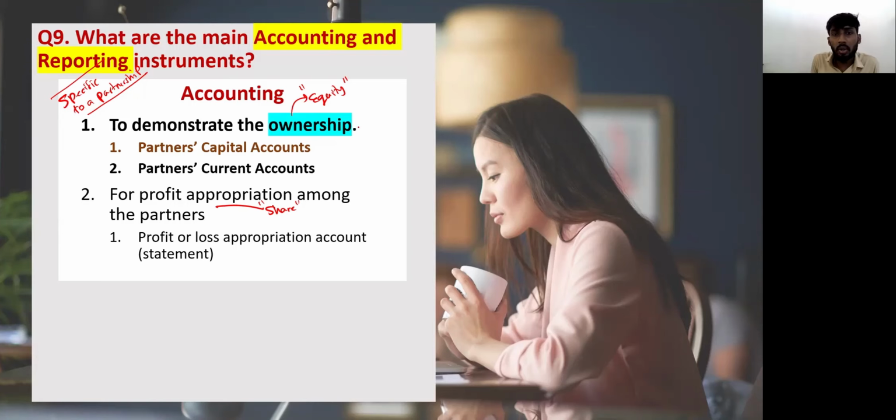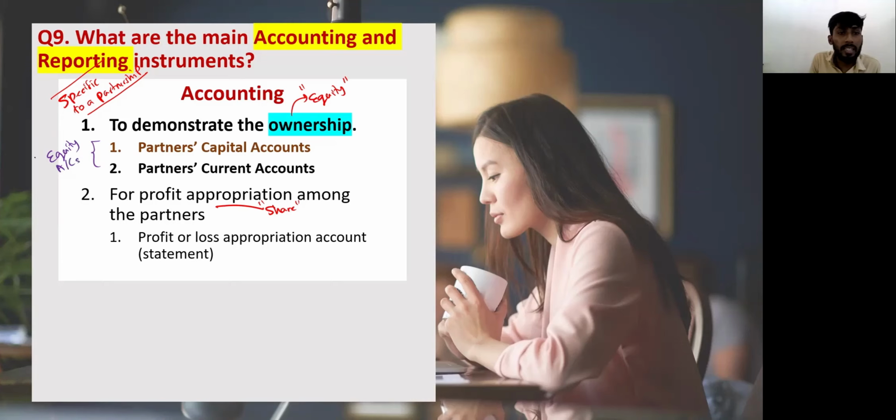To demonstrate the ownership, we are keeping two accounts, capital accounts and current accounts. So keep in your mind, these two accounts are to reflect the equity. If they are to reflect the equity, those two accounts shall be equity accounts.